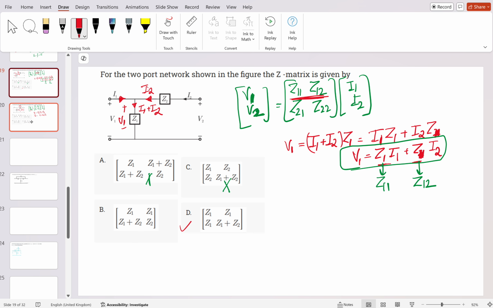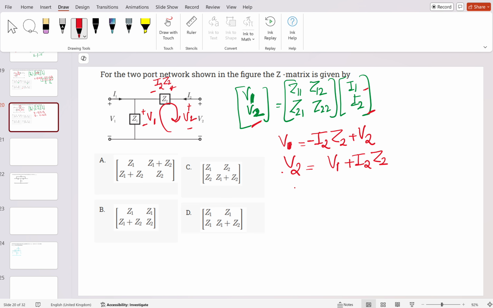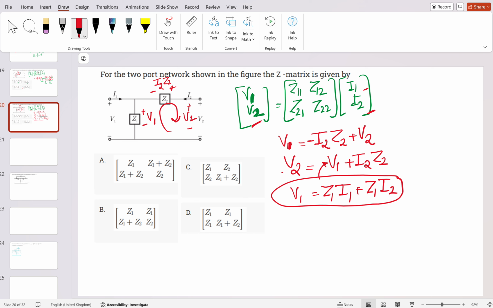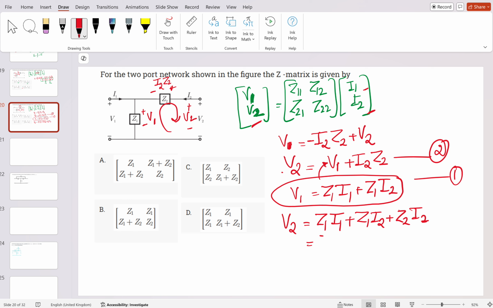But we have already got one equation, that V1 is equal to Z1 I1 plus Z1 I2. Let's call it equation 1 and this one equation 2. Put the equation 1 value into equation 2, and we get V2 is equal to Z1 times I1 plus Z1 times I2 plus Z2 times I2. So you get Z1 times I1 plus (Z1 plus Z2) times I2.